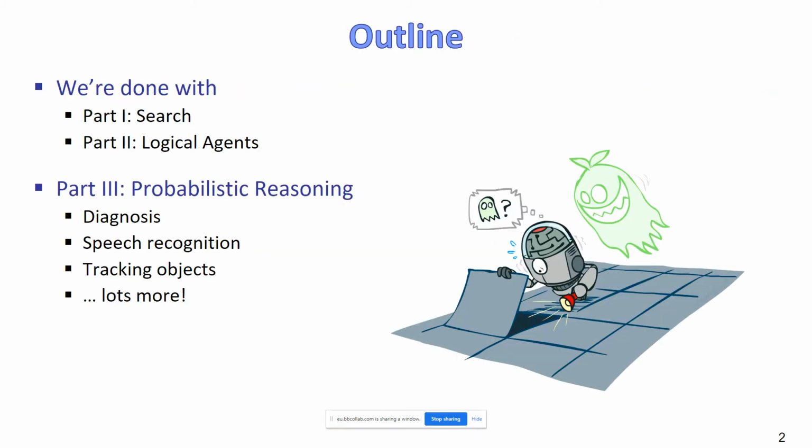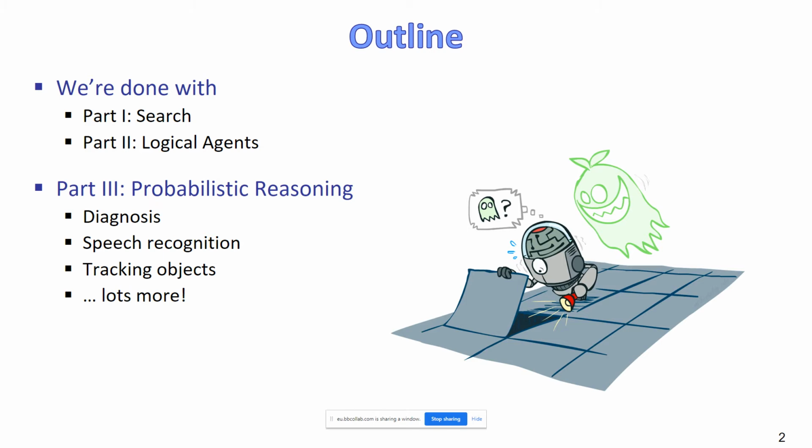So far in the course, we finished two general parts. The first one was about search strategies. We covered search algorithms, CSP, local search, and also adversarial search.